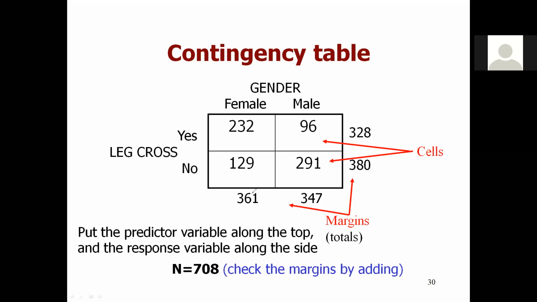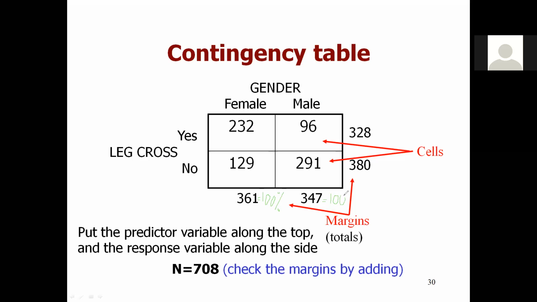We will say that all women, that is 341, is going to be 100%, right? And we will do the same for men. We have slightly fewer men in our sample, 347. That's also going to be 100.